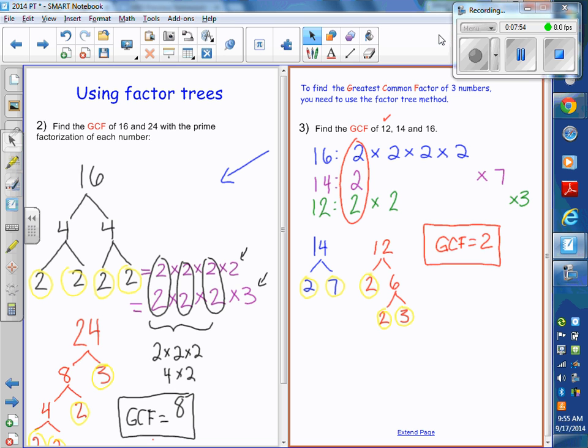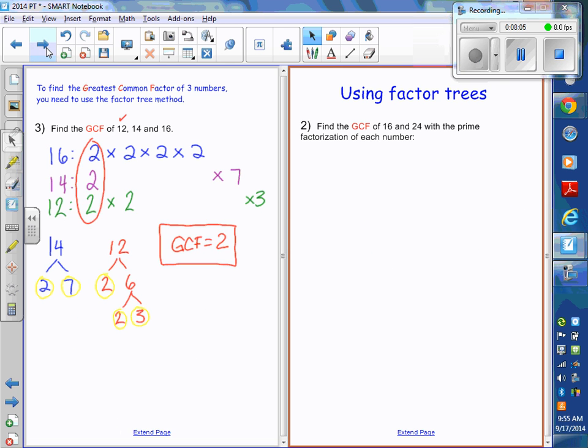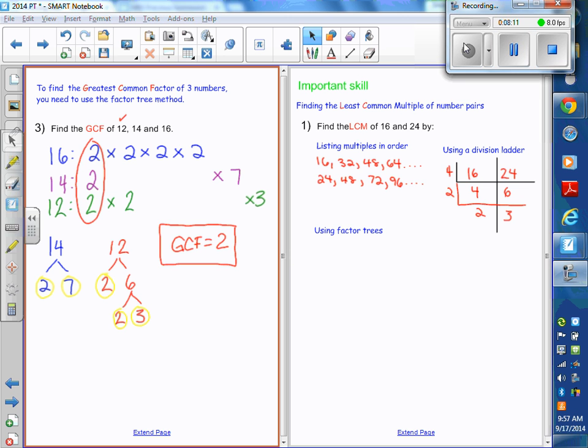The next thing we're going to do is use the factor tree method to find the least common multiple. To find the least common multiple of two numbers, just like we did with the greatest common factor, we can look back at our review methods.